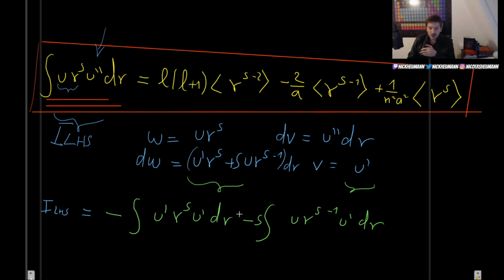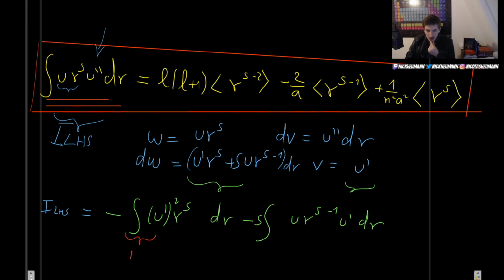Okay, and there's actually another thing that we can do. We can write this as U prime squared, right? We can commute these functions without any sort of problems. R to the S, it's not a constant, but it's just a scalar, so you can move it around. There's nothing problematic there. Okay, so now we have two more integrals that we need to solve.